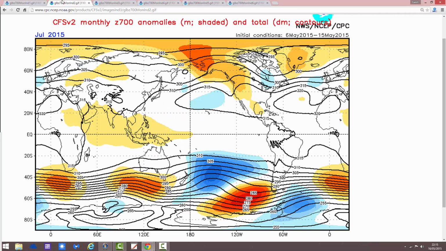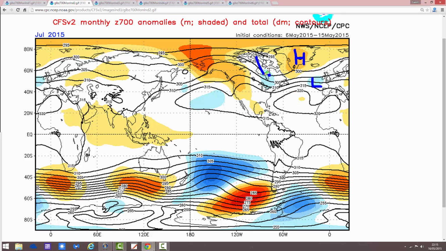We move through into July, and well, it's not great again. Look at this. We've got the yellow and orange colours in there over Greenland for July. Below average height sitting to the southwest of the country once again, and underneath that blocking.